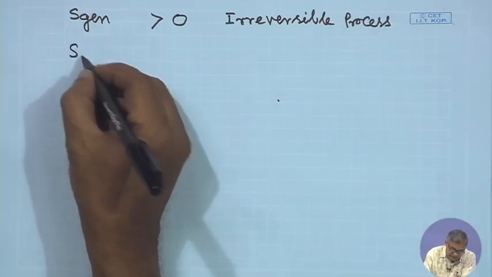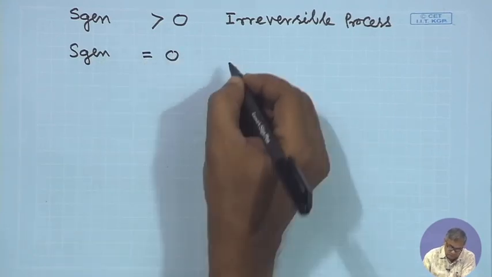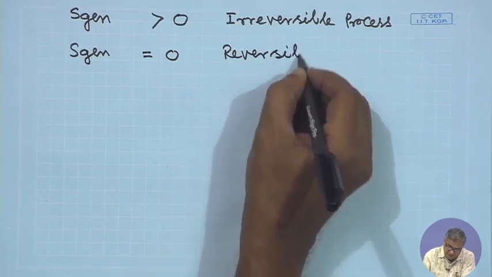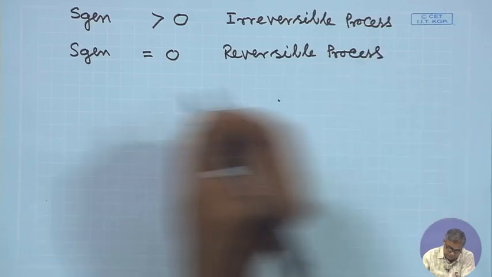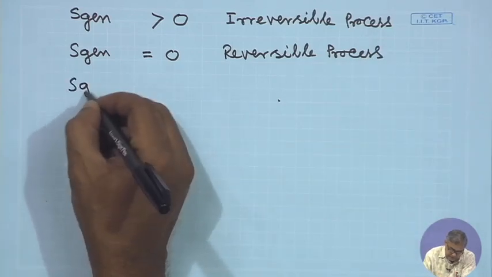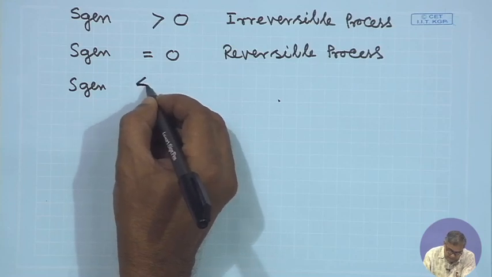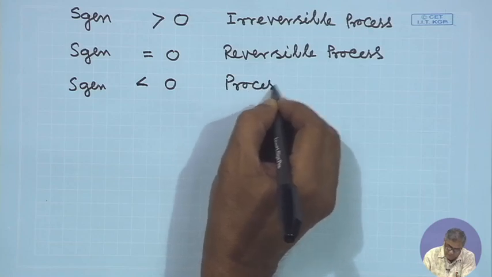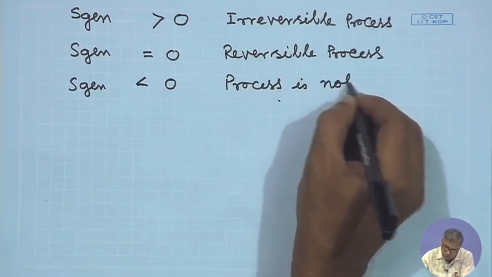Then S gen equal to 0 is a reversible process. S gen less than 0, the process is not possible.